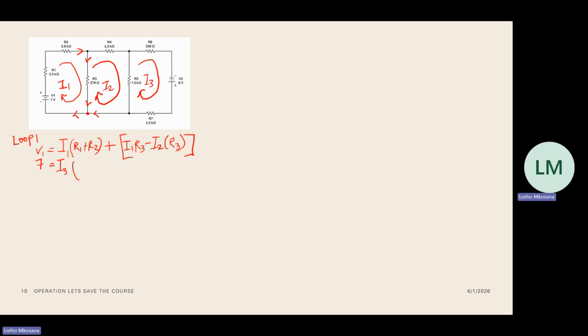Let's just put it as it is: 3.3 K plus 3.9 K, plus I1 multiplied by R3, which is 270, minus I2 multiplied by 270.